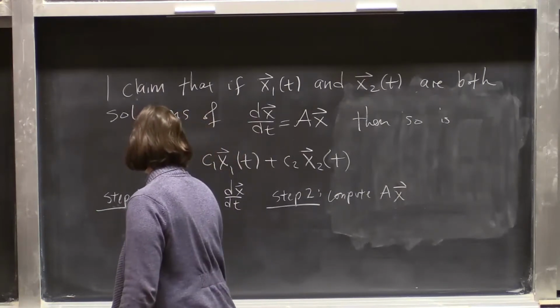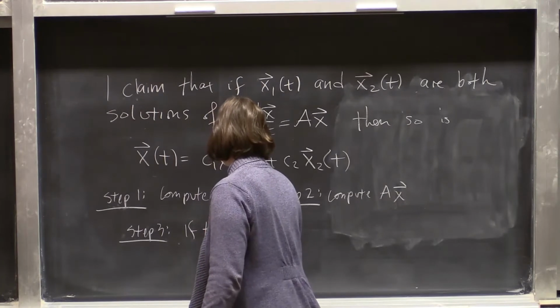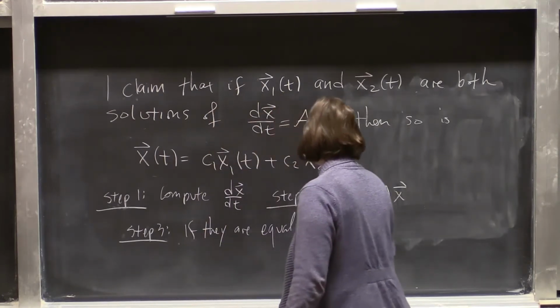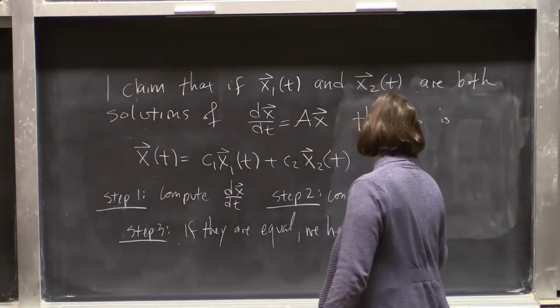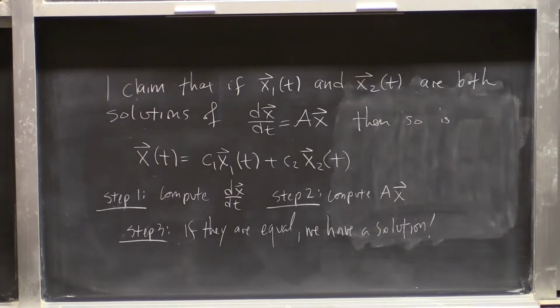Step 3, if they are equal, we have a solution. All right, so I need to compute dx/dt. So dx/dt is the time derivative of c1 times x1 of t plus c2 times x2 of t.